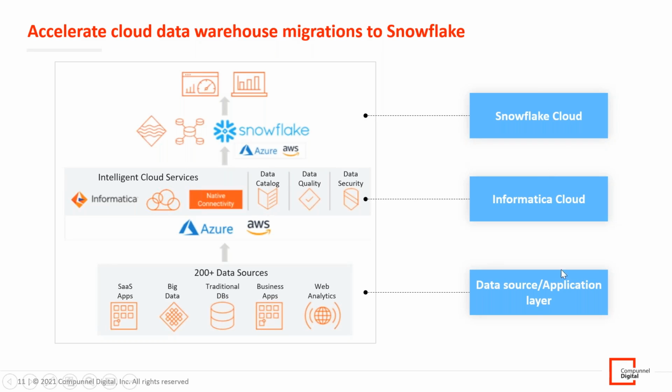And if you look, as I mentioned clearly, there are three layers here. When you're dealing with the Informatica cloud version or any of the ETL tool cloud versions, one is the data source layer, from where we are getting the data, and then Informatica cloud. Informatica hosts its software on platforms like AWS or Azure.